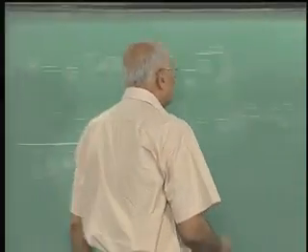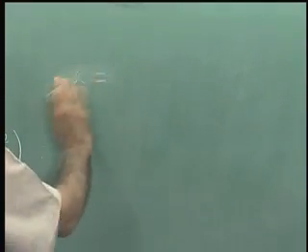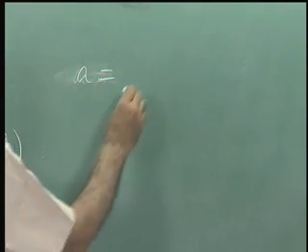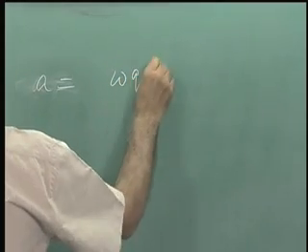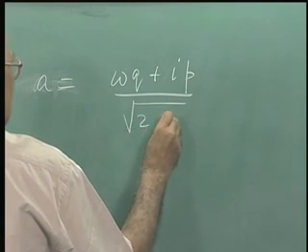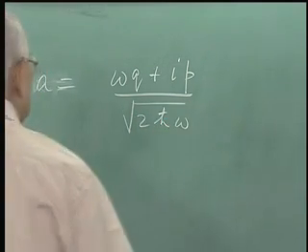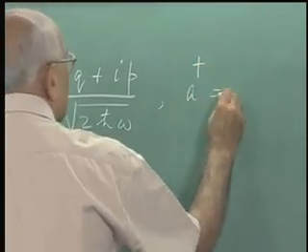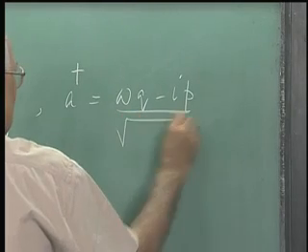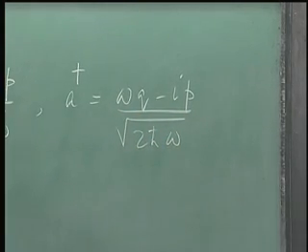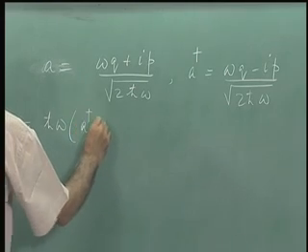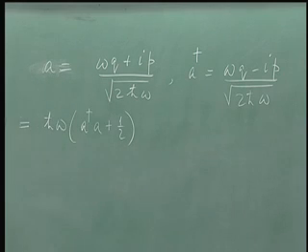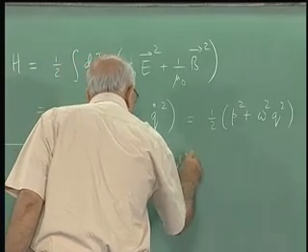So at this stage we say let A equal, with m set equal to 1, (ωQ plus iP) over root 2ħω, and A dagger equal to (ωQ minus iP) over root 2ħω. Then the Hamiltonian goes over into ħω (A dagger A plus a half), exactly as it happened in the harmonic oscillator, together with, of course, the constant being adjusted such that the commutator of A with A dagger equals the unit operator.